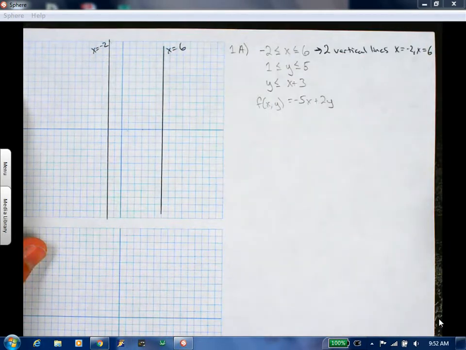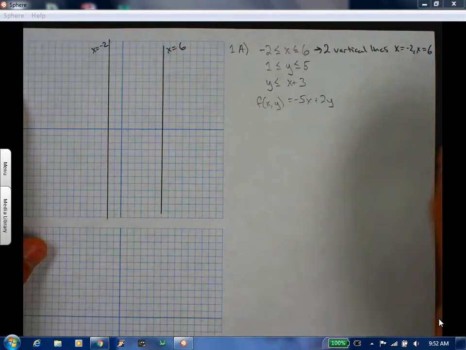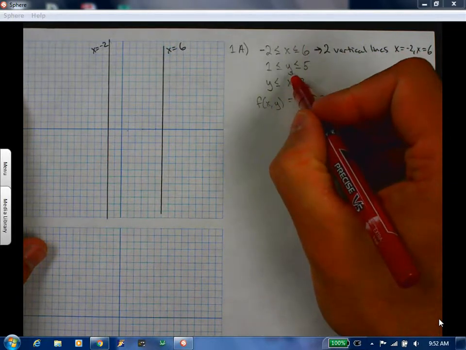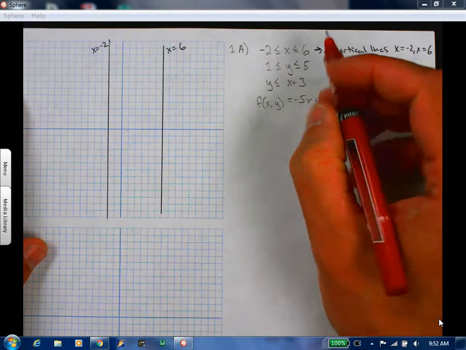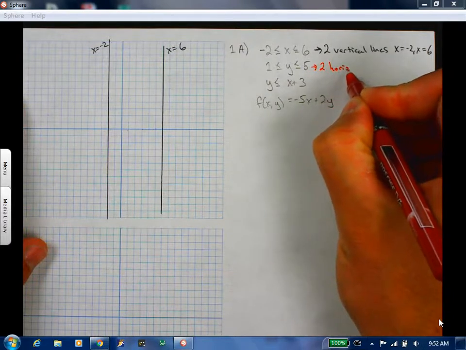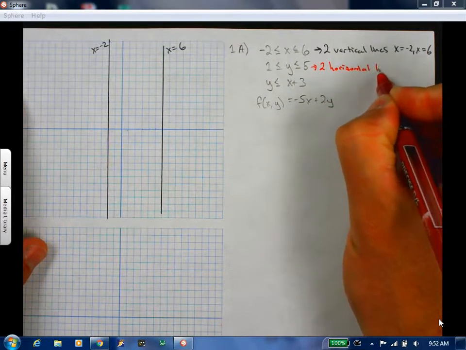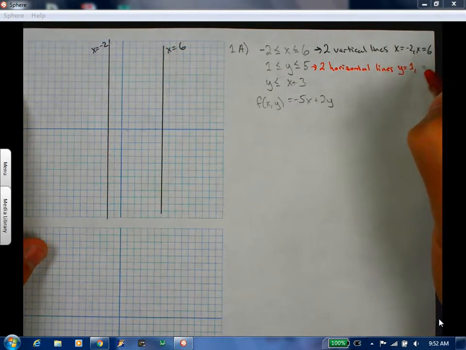We have quite a few of these lines on here. Sometimes it helps to label them so you know which ones you've done. The second one is just a y, so those are going to be your horizontal lines. So this one is going to be two horizontal lines, y equals 1 and y equals 5.